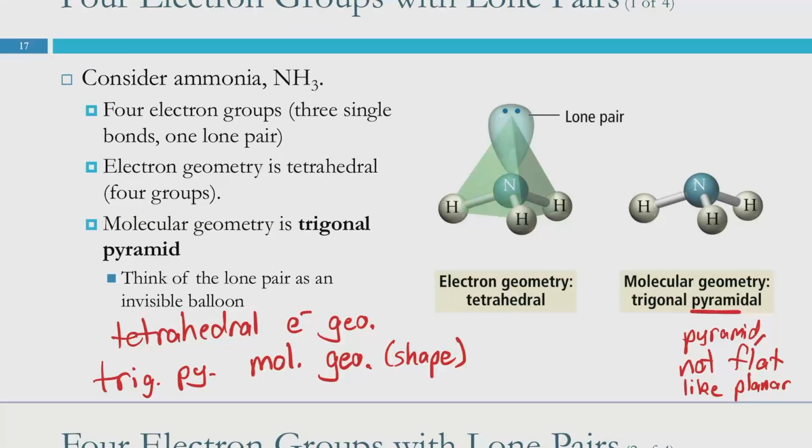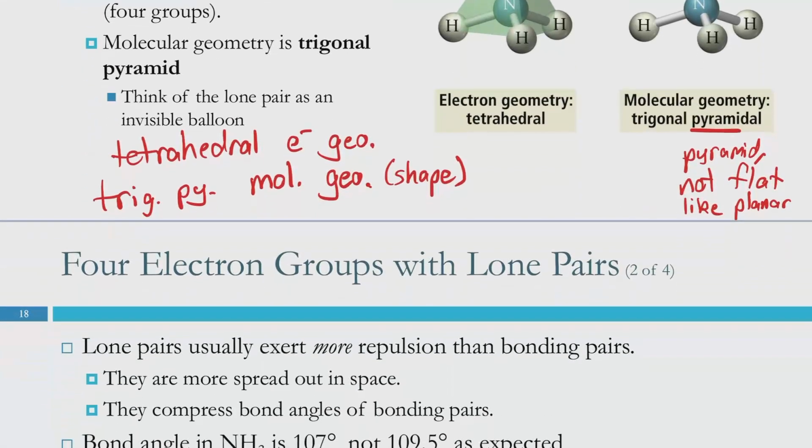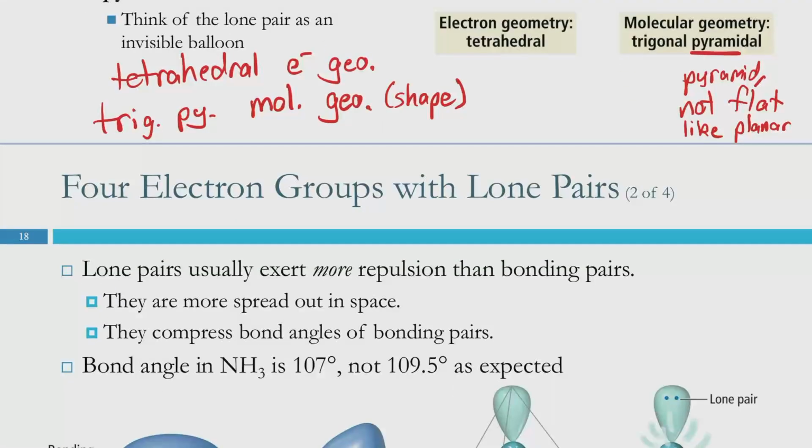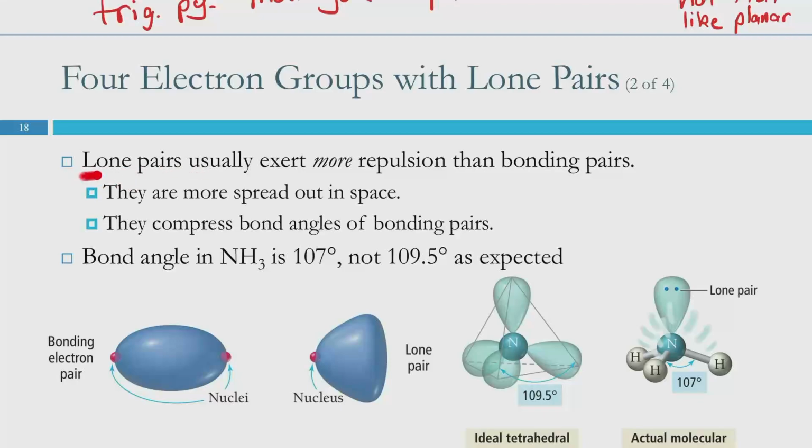So it's one of our fun, more complicated shapes. The way that lone pairs work with our bonding angles is that lone pairs exert more repulsion than bonding pairs. Lone pairs are more repulsive, typically, than bonds.